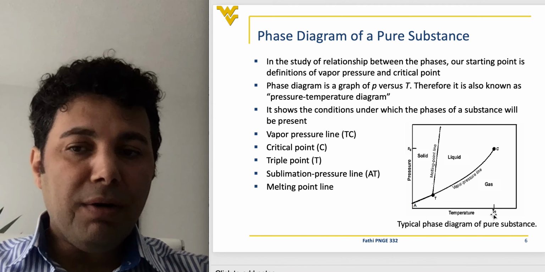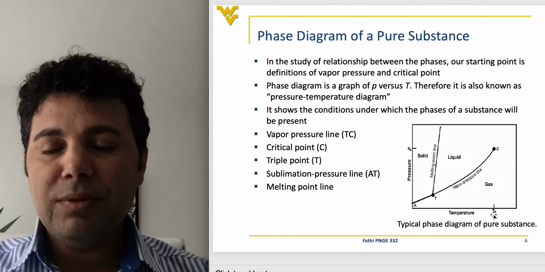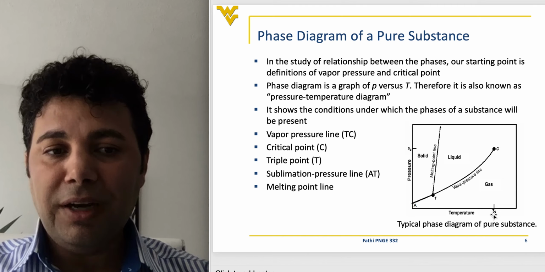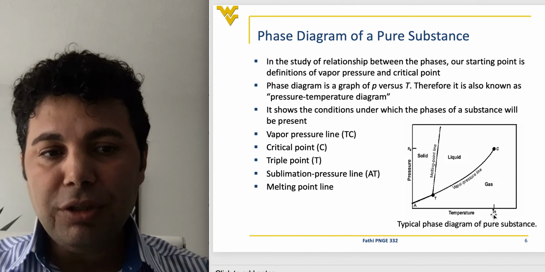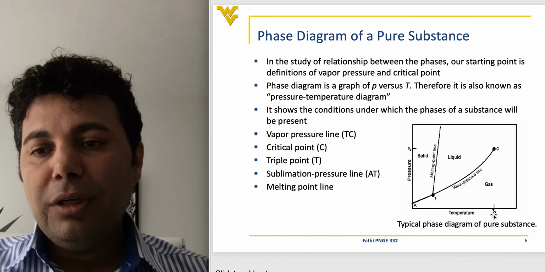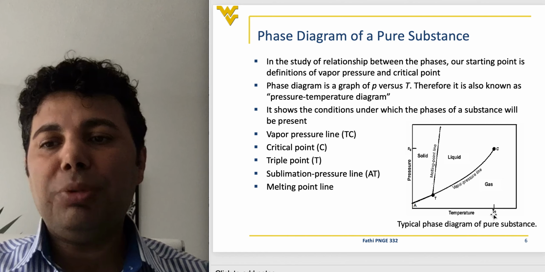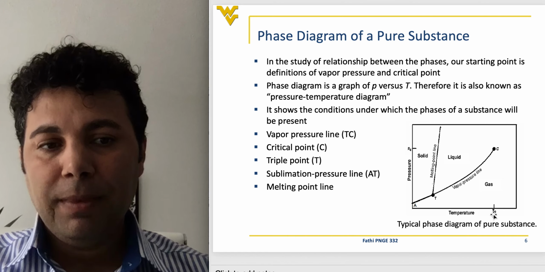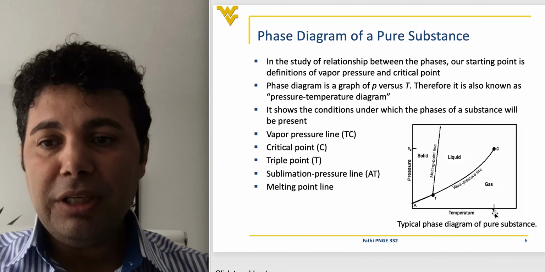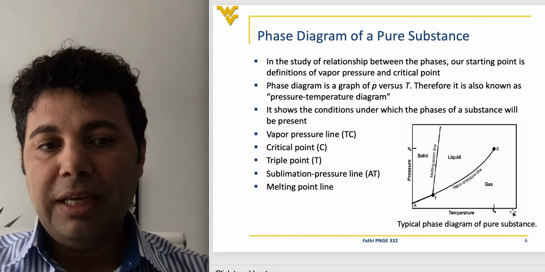So above minus 116 degrees Fahrenheit, no matter how much pressure we apply, we cannot liquefy methane. So therefore, methane will be gas and will stay gas in any practical conditions. Okay. So the critical temperature definition is a temperature above which we cannot liquefy gas.